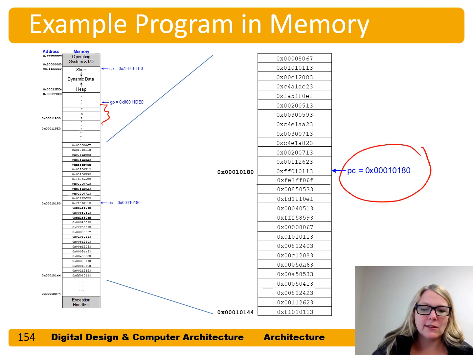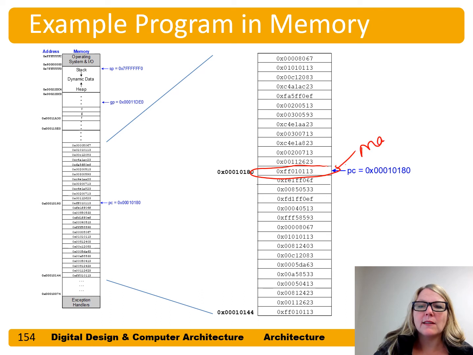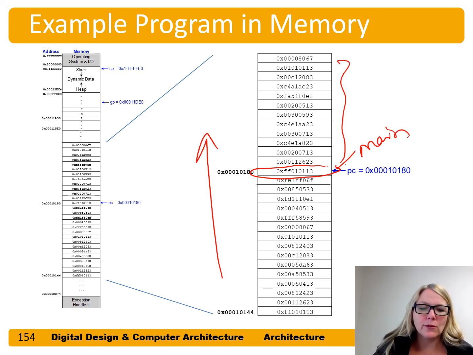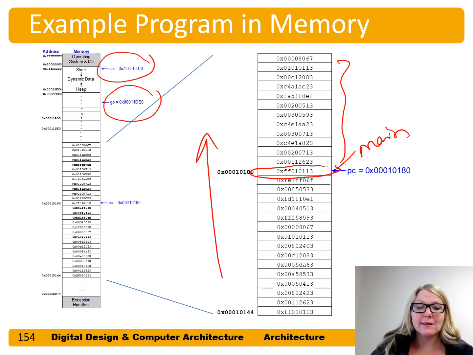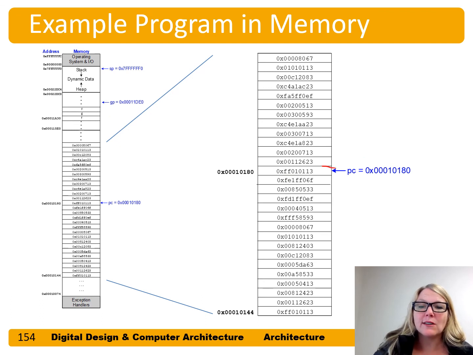PC is initialized to the first instruction that should execute, which is the first instruction of main. It's our main function located here. Remember, addresses grow from the bottom to the top; they get higher as we go up. The global pointer and the stack pointer are initialized, and now the program can execute and start fetching instructions starting at PC.